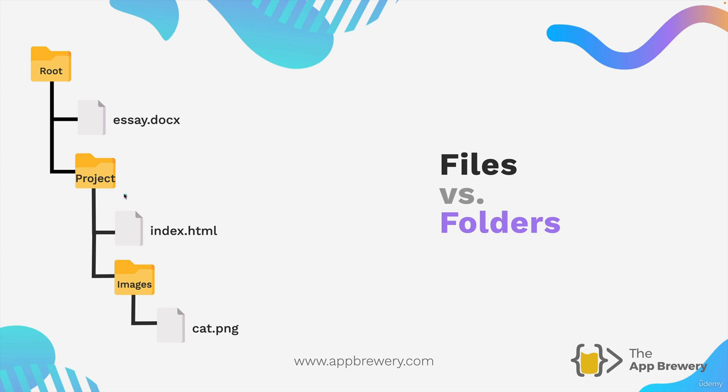As you can see here, we've got a very simple structure of the storage on a computer. The root is usually the starting point of your computer filing system, and this is usually called your hard drive. So this could be your C drive on a Windows, or it could be your Macintosh HD, which is on a Mac.